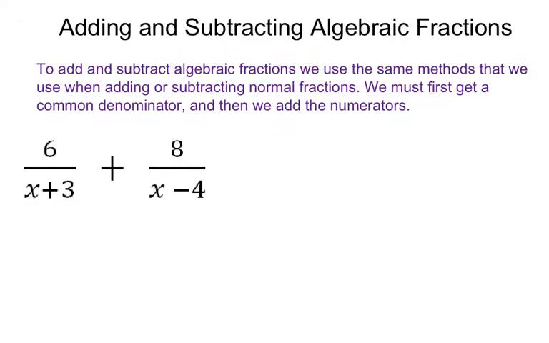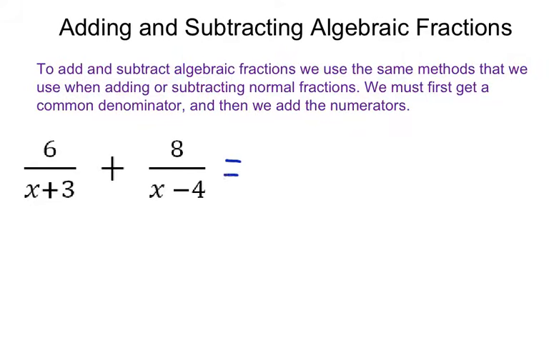Now this example looks a bit more complicated, as we have x plus 3 and x minus 4 on the bottom of our fractions. But we're going to treat it in exactly the same way. To find the common denominator, if we can't find a lowest common denominator, remember we always just multiply the two denominators, and that's what we're going to do here.